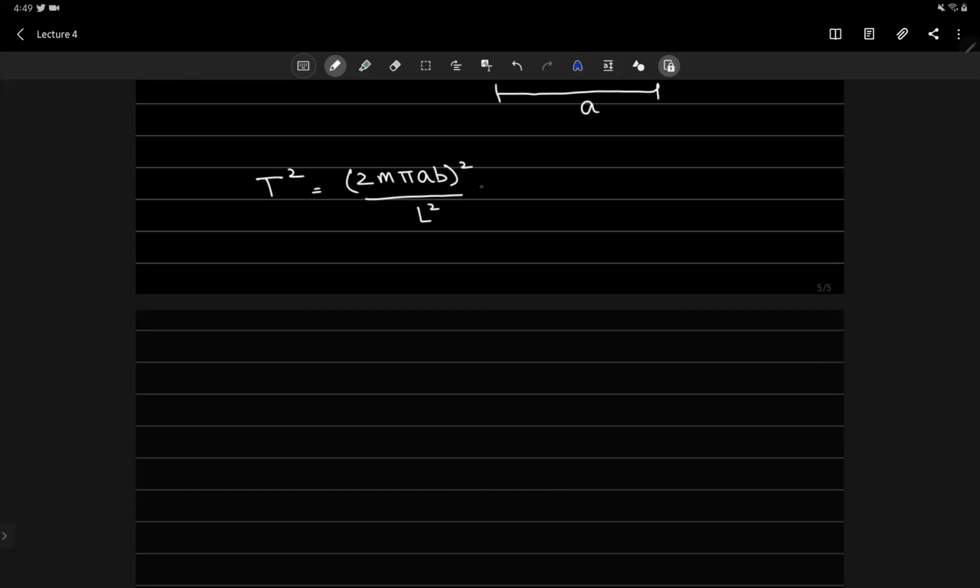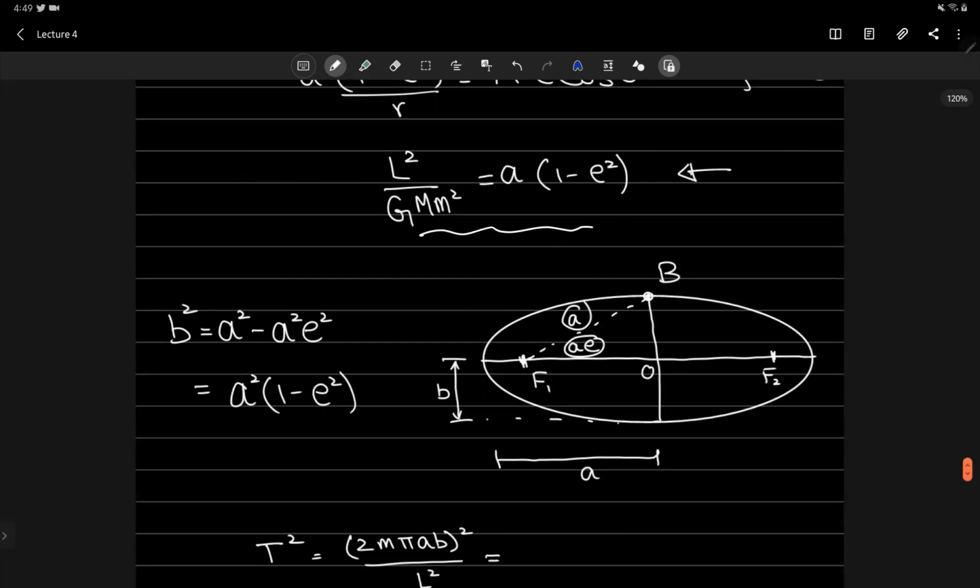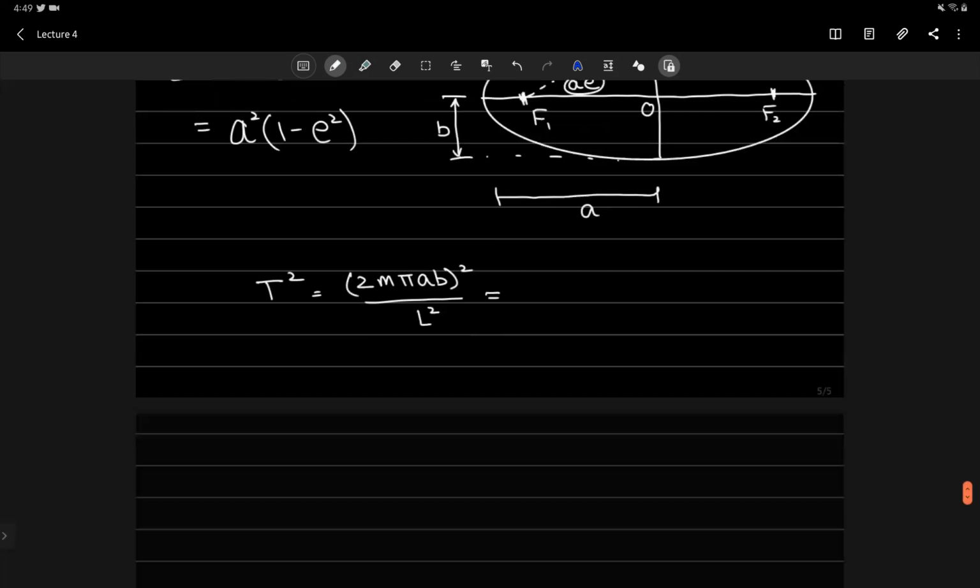Right, now I just have to plug in some values. यहाँ से मेरे पास L square के लिए ये वाली equation है. From this I can easily see what L squared is. So I'll just substitute that. ऊपर मेरे पास कुछ भी change नहीं होगा. 2m pi a b whole squared. L squared की value put करते हैं यहाँ पे, हमारे पास आएगा g m squared a times 1 minus e squared.